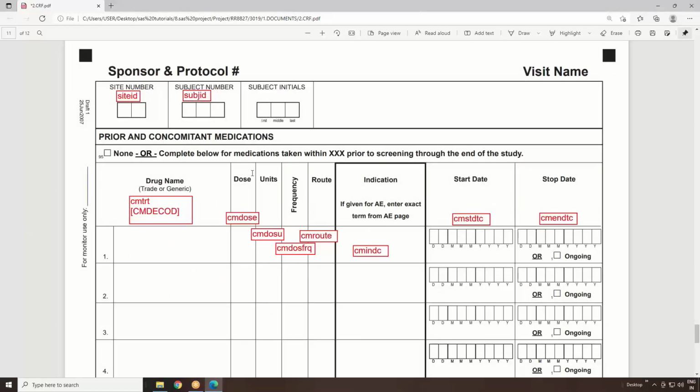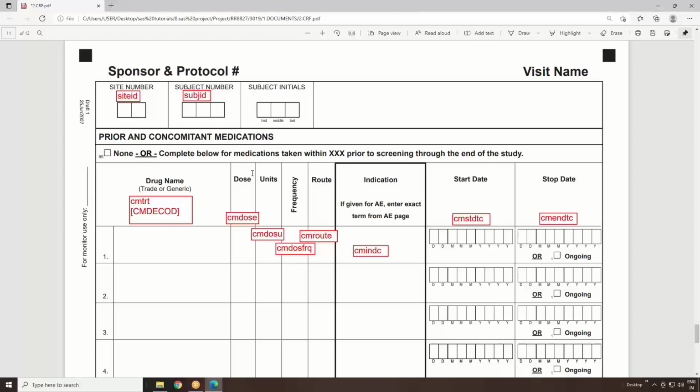There is a CM data set, the concomitant medication data set. The patient has taken a drug, and from there onwards the person is suffering from some other medical conditions. Let's say you take a vaccination of Covishield, but because of the Covishield they are getting some side effects.